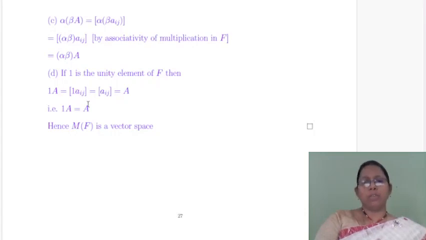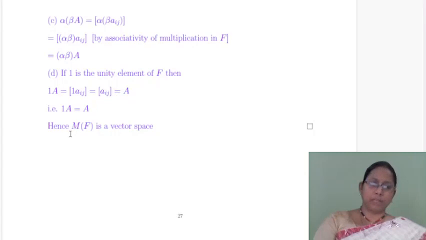Since 1 is an element of F and Aij is an element of F, 1 into A is equal to Aij, from the multiplicative identity property of F. So this will be the matrix A. Finally, we can show that M, the set of all m by n matrices over F, is a vector space over the field F.